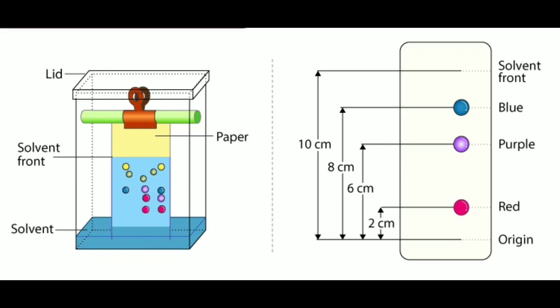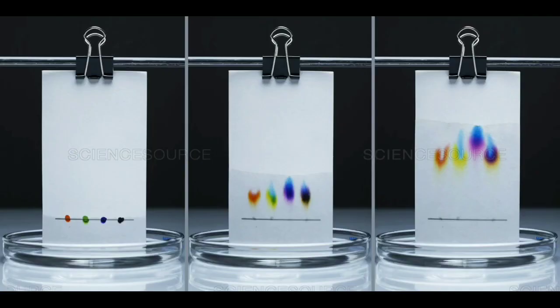For example, black ink contains a number of dyes dissolved in water. These dyes have different solubilities in water. This fact is used to separate the dyes present in black ink. It is easiest to perform a chromatography experiment with a mixture of colored materials like inks and other dyes because they separate to give colored components which can be seen easily as colored spots on the paper.